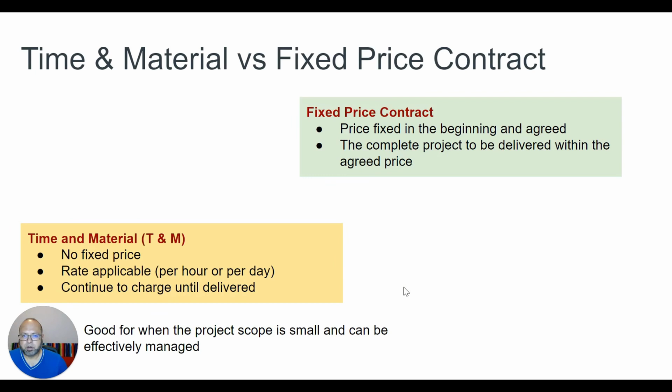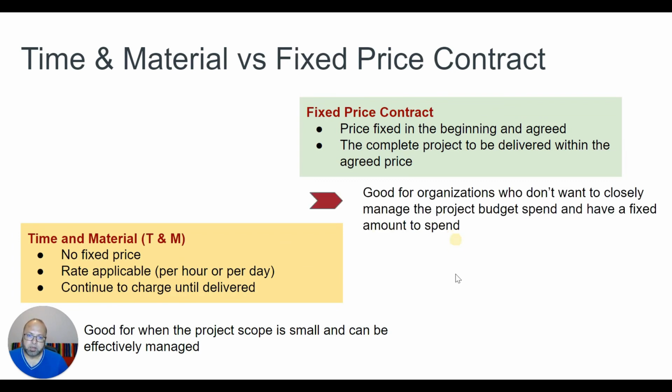If it's a fixed price contract, that means I don't know how much it's going to cost to fix my kitchen, but I will give you, say, $100,000 and you need to fix that. Then there's a risk on both parties: that you are allocating enough budget, and the person who's going to do it needs to make sure the scope is very clear and they have all the questions answered before they commit to a fixed price.